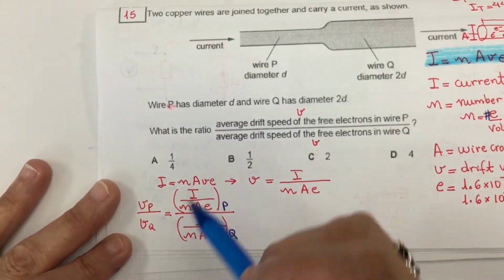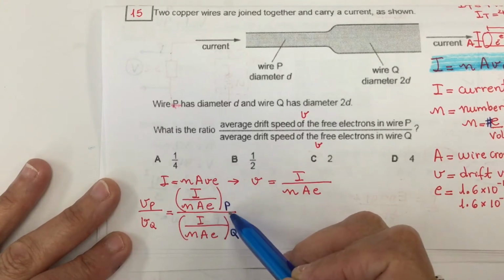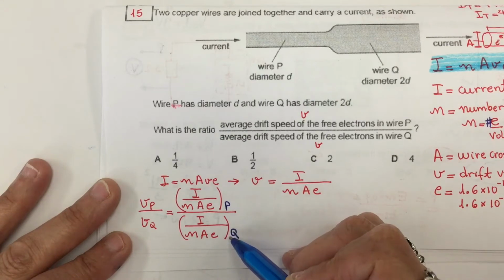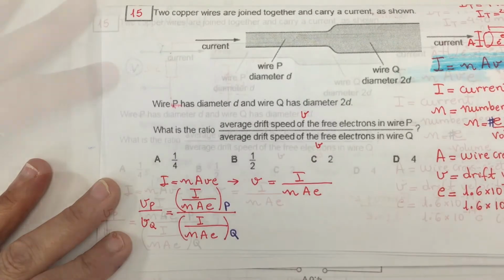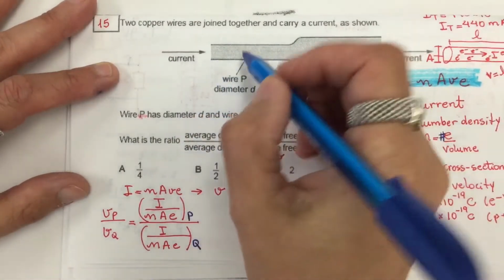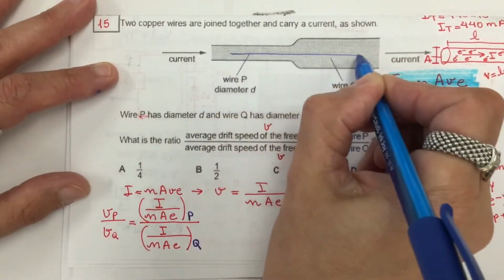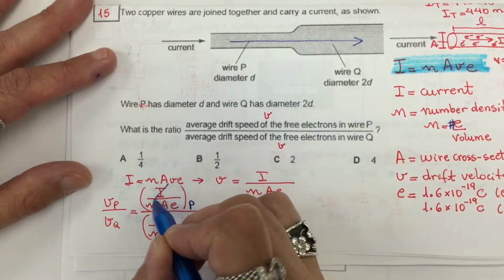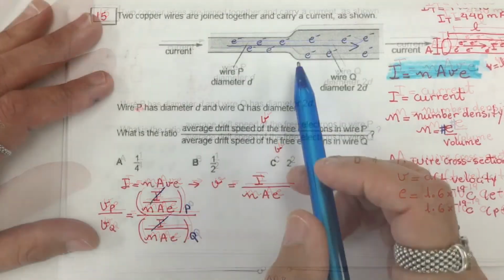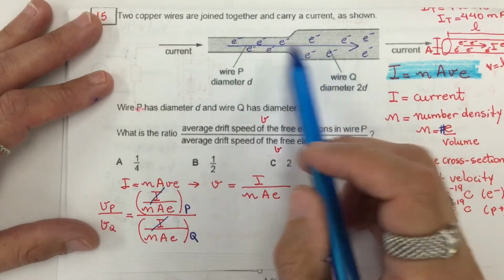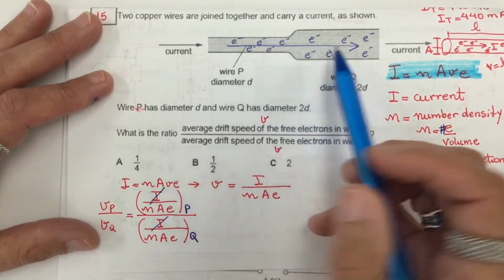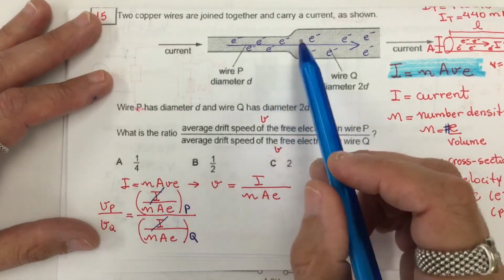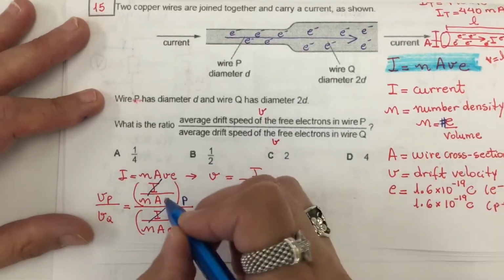Okay, so now we have the drift velocity of wire P over the drift velocity of wire Q. The problem states the current flowing through both wires is the same. So then we can cancel this. Also, the charge of the charge carrier, in this case the electrons, is also the same. Then we can cancel this.